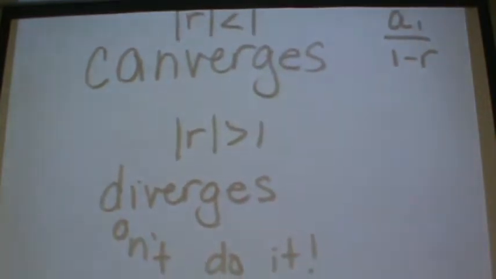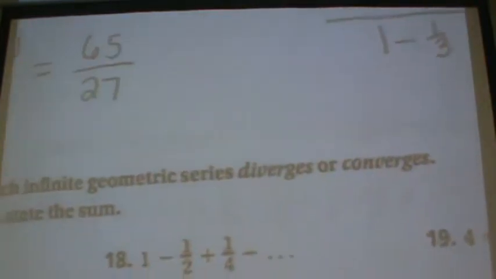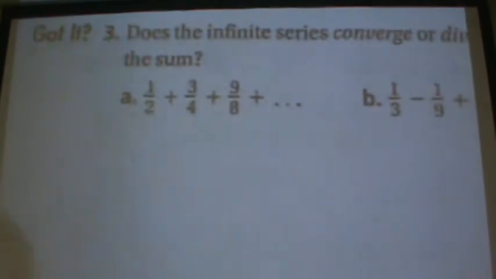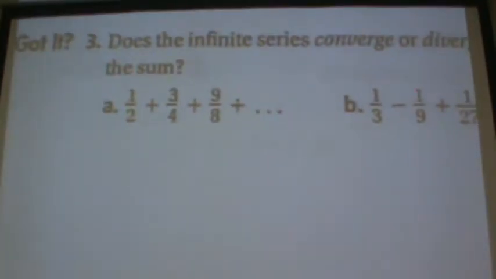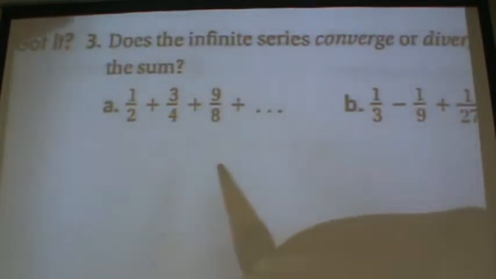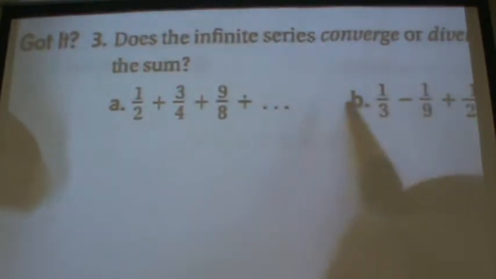Okay, so let's practice some of these. Go back to the notes on this page right here. Everybody find this one. We're going to do a bunch of these. Does the infinite series converge or diverge? If it converges, you can add it. So how do you know if you can do it? Well, you have to look at the R value.